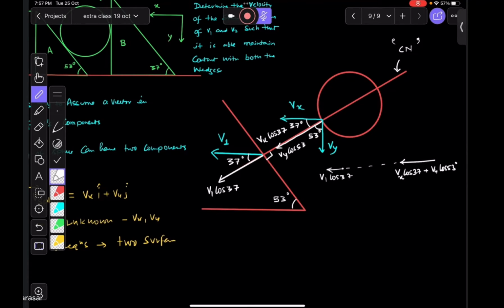So for them not to have any change in the separation, V1 cos 37 should be equal to Vx cos 37 plus Vy cos 53. And then we know cos 37 is 4 by 5, so 4V1 by 5, 4Vx by 5.